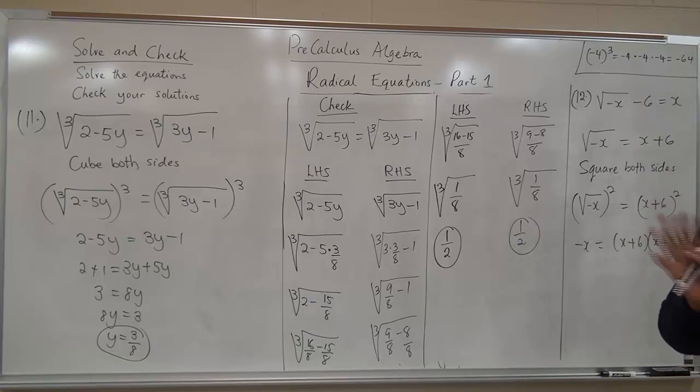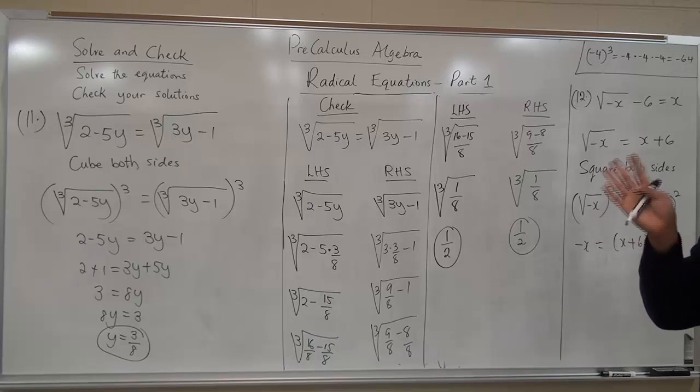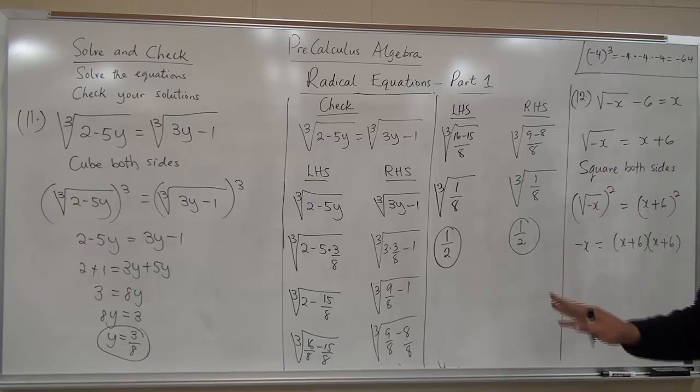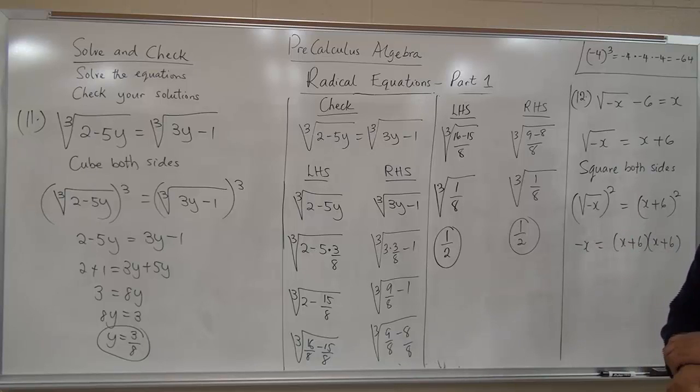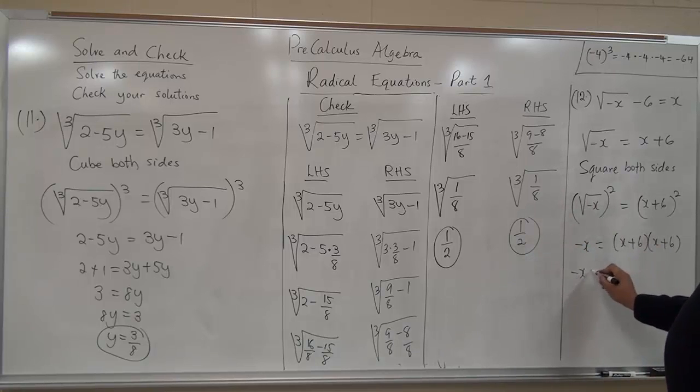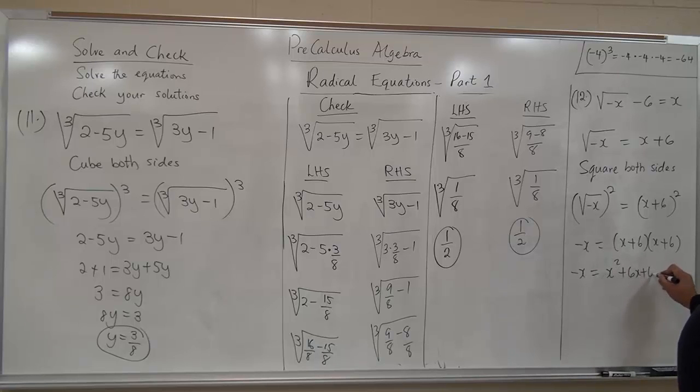View the videos on linear equations and quadratic equations. So, solving radical equations, there are some prerequisites you need to know before you solve this. So this will be negative x equal to x squared plus 12x plus 36.